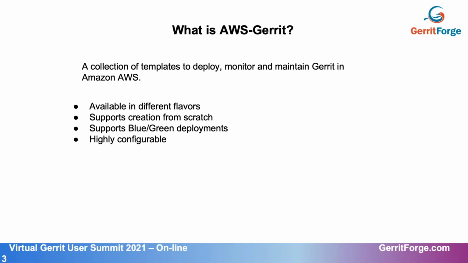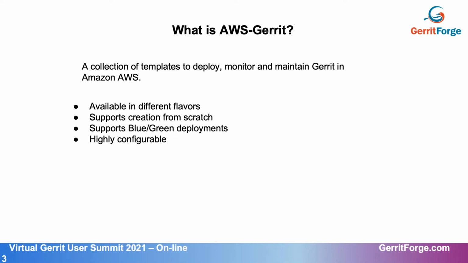You can just deploy from scratch, and you will have a Gerrit installation, which may even be fairly complex, in the cloud. We support blue-green deployments, so once you deploy your Gerrit in AWS, you can evolve it and upgrade it without any downtime, which is a good feature to have.